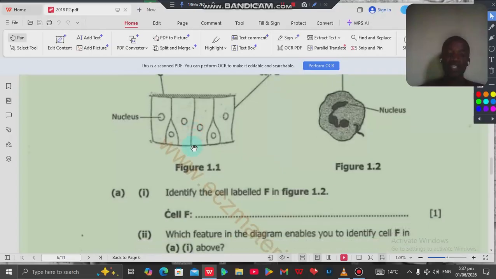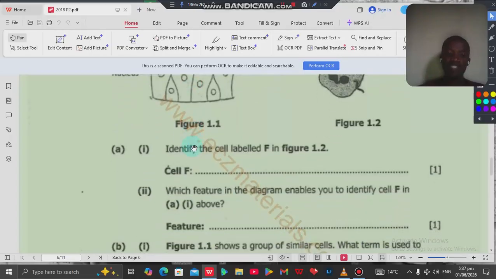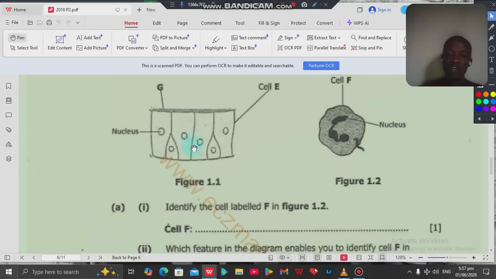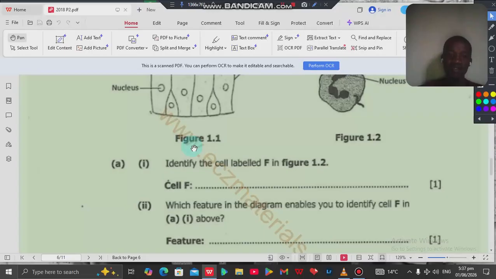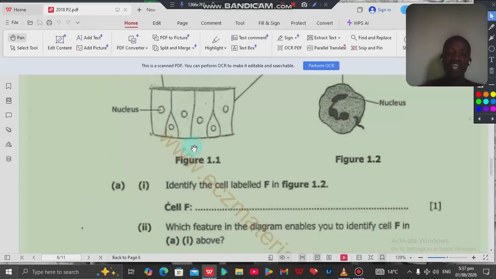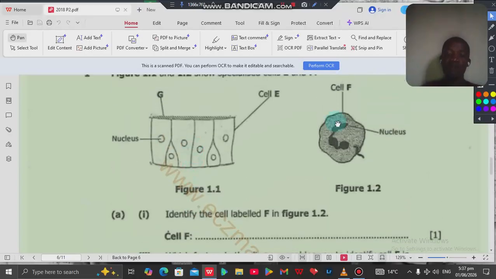All right. Now, let's check out the follow-up question. So this question on A says identify the cell labeled F. We said it's a phagocyte cell. And then which feature in the diagram enables you to identify cell F in A1 above? So what helped us to identify that this is a phagocyte cell?